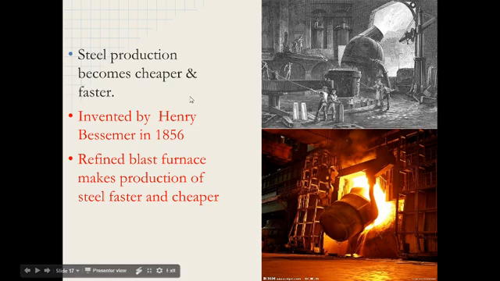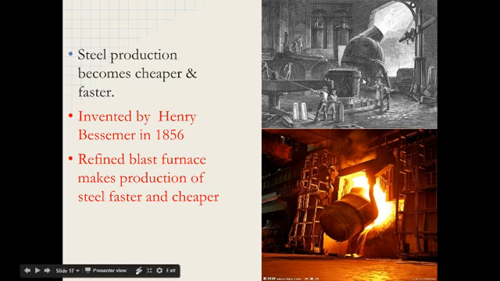Later on, we're going to see that further advancements are going to occur, where steel is going to become the number one metal, steel being a mixture of iron and coal. And steel is going to become cheaper, and the production of it is going to become faster, right? You're going to have these huge furnaces producing steel in vast amounts.